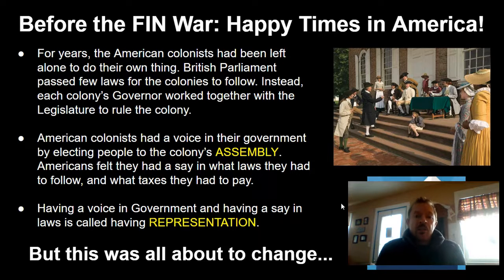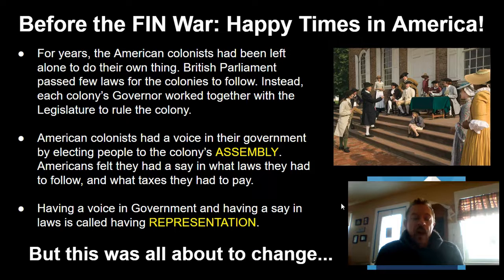The British did make some laws for the colonies to follow, but for the most part, each colony's government made their own laws for that colony. So the people had a say in their own government within their colony at home. They kind of knew that England was in charge, but England didn't do a lot to enforce the rules.